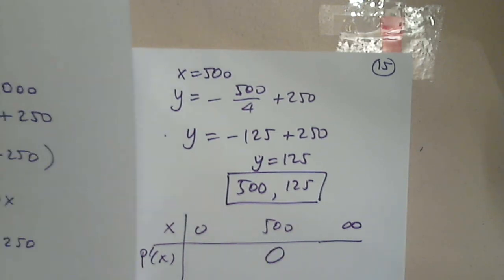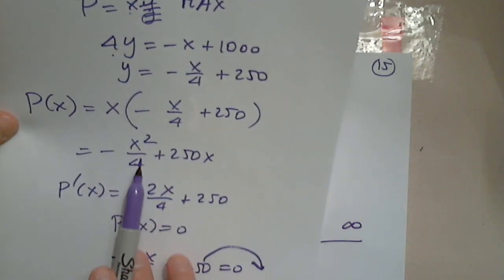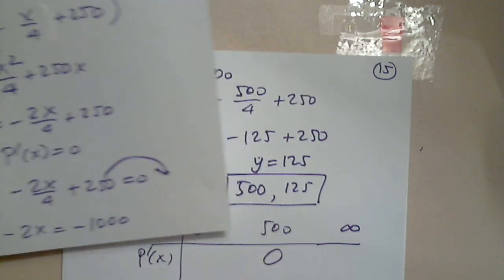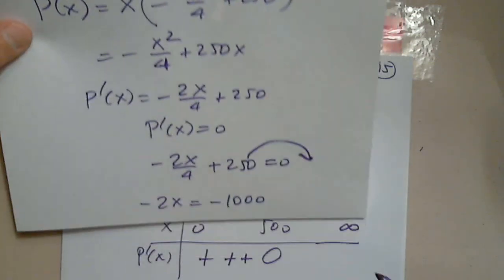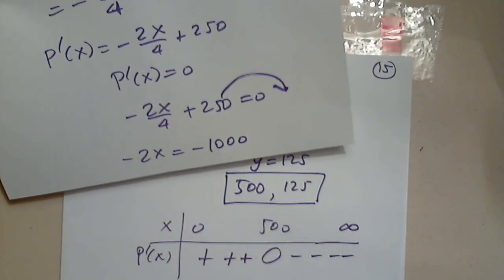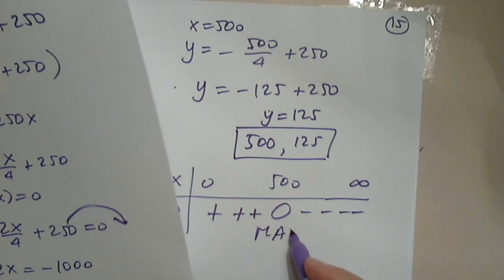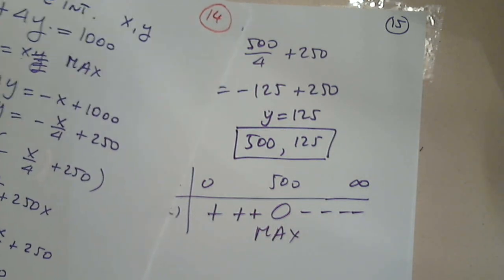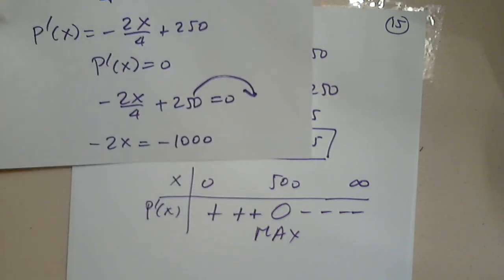So this will be 0. And when I plug in 0 for p prime, I get positive, and when I plug in 1000, I will get negative. So this is guaranteed to be a maximum. And this is really just a very simple situation.